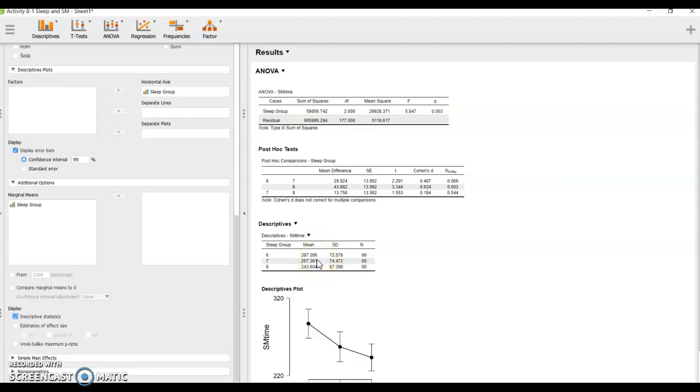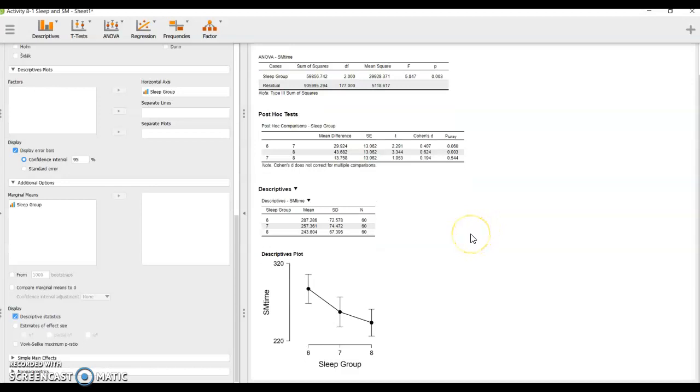It's unlikely to be due to sampling error, and group 6 spent more time on social media than group 7. We also know that group 6 spent more time on social media than group 8. But for groups 7 and 8, the p-value was 0.29, pretty likely to be due to sampling error. So we're reserving judgment on this particular difference. There's a difference there, it's relatively small, and it's most likely due to sampling error.